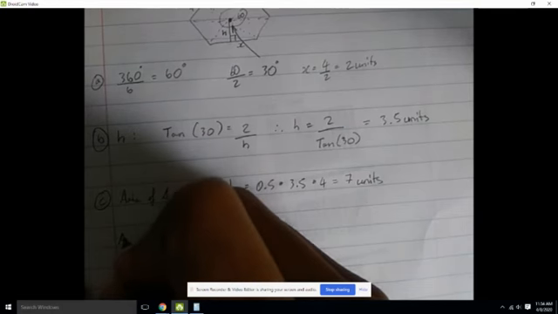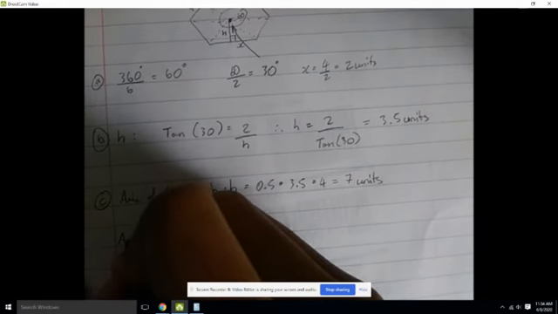And it also wants us to find the area, did I just spell area that?